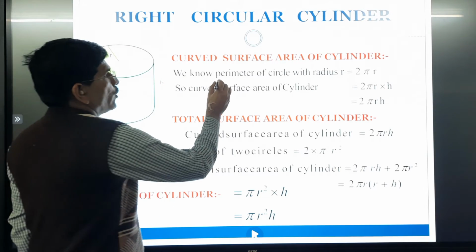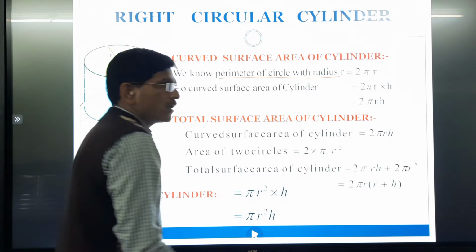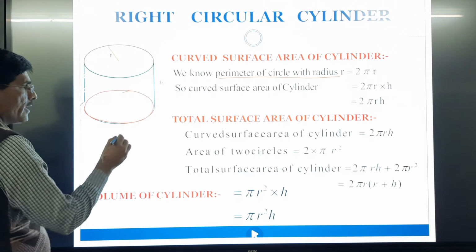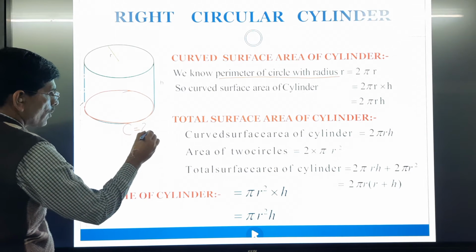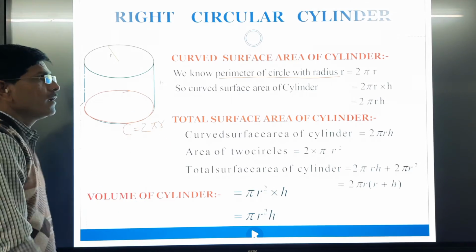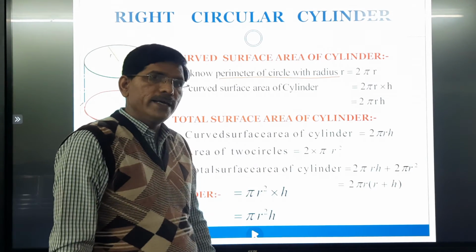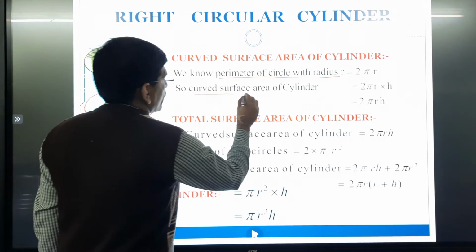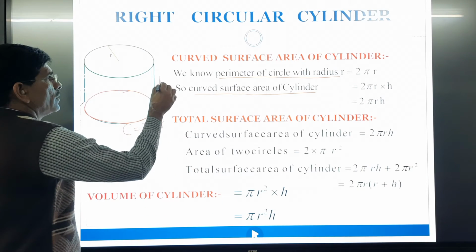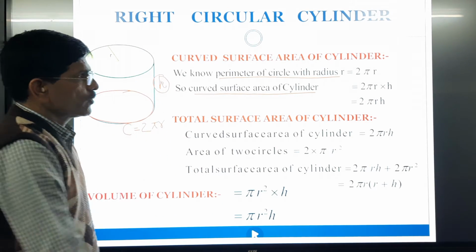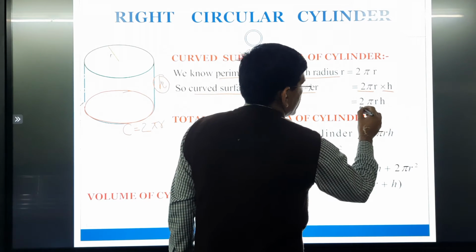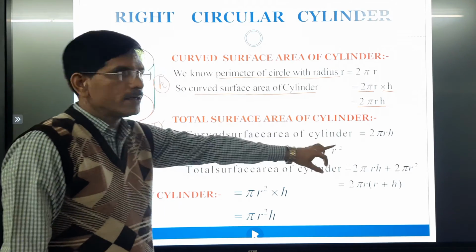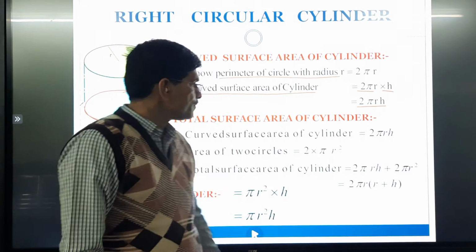We know the perimeter of a circle, the circumference, the formula is 2 pi r. Now curved surface area means circumference into height h, so 2 pi r into h, that is 2 pi r h. So the curved surface area of a cylinder is 2 pi r h.